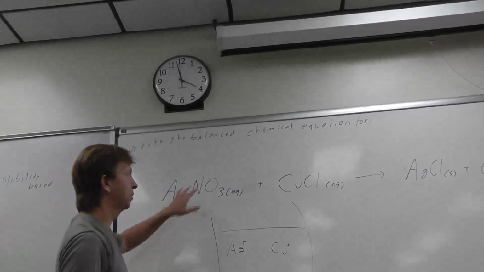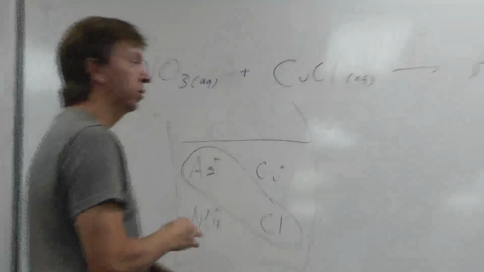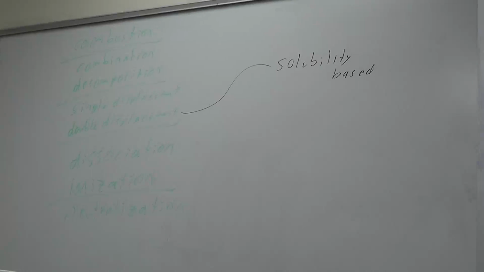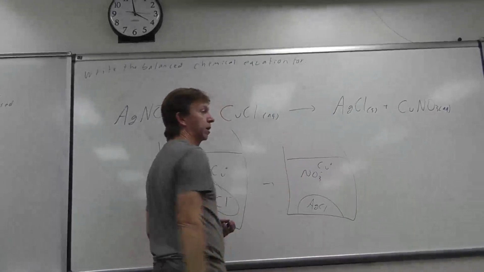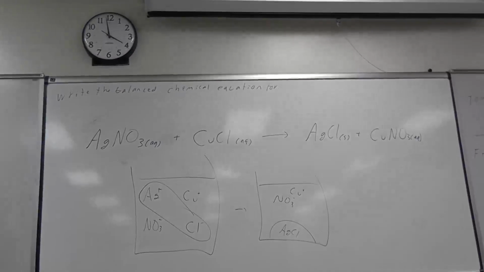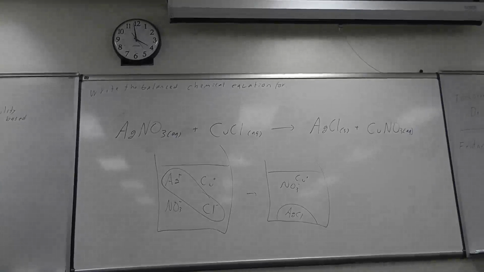Because what happens when you put these two solutions together, it just happens that silver ions and chloride ions are not compatible with each other in solution. And so those will precipitate out as a solid. The copper 1 and the nitrate, those are fine together. But the silver and the chloride cannot coexist in the same solution. They'll attach, they'll bond, they'll precipitate out.